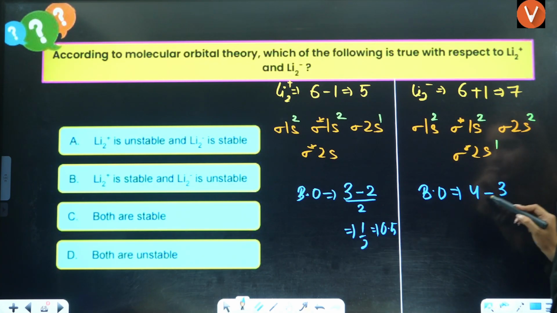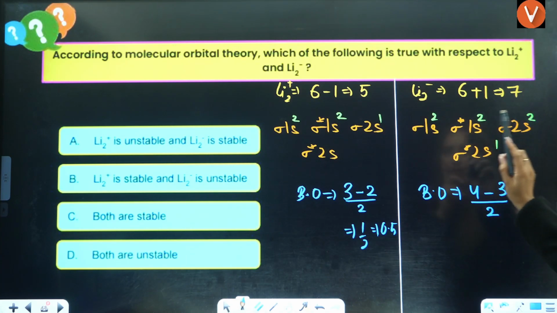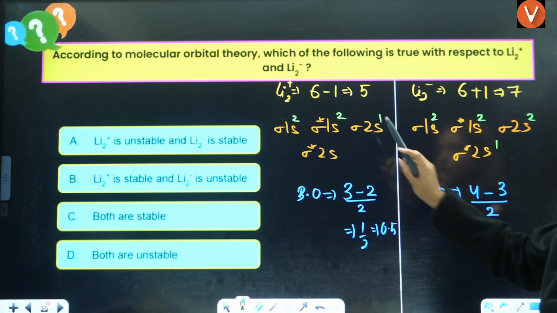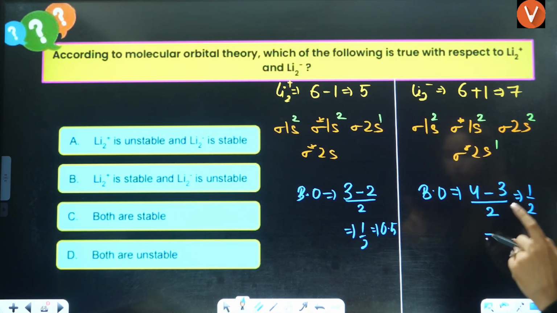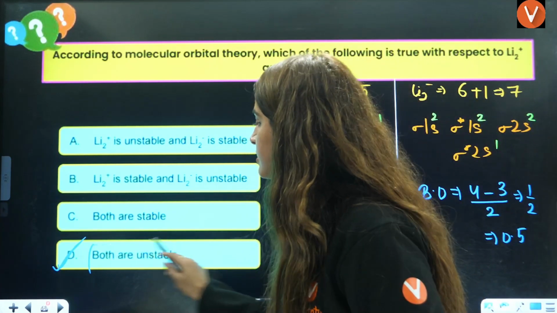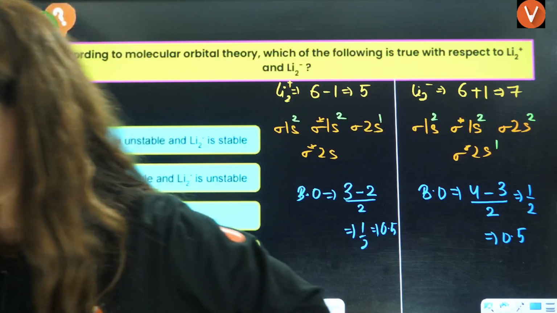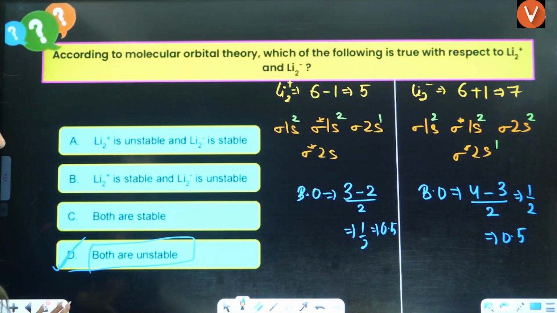Anti-bonding you have 3, divided by 2. Wait a minute, both are unstable, na? 1, 2, 3, 4 minus 3, so this is also 1 by 2, coming out to be 0.5. So both are unstable. So answer is B is the correct answer. That means they do not exist. Right? Arey, how come both are stable?